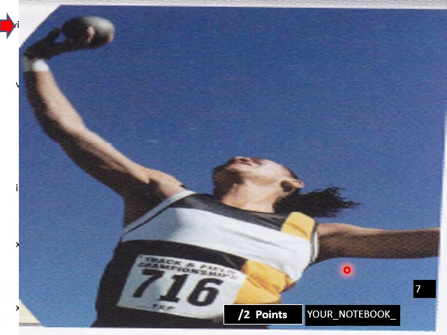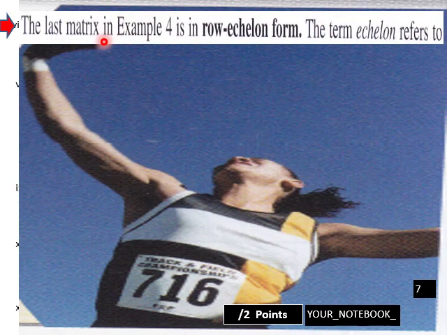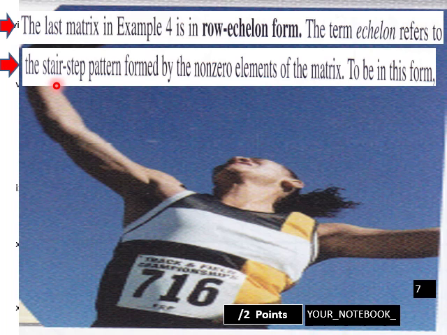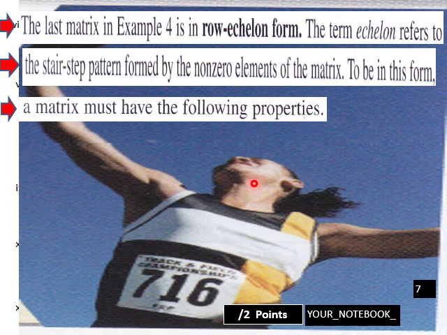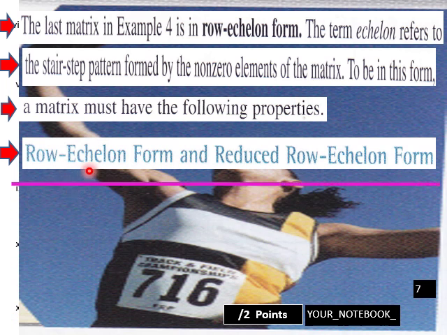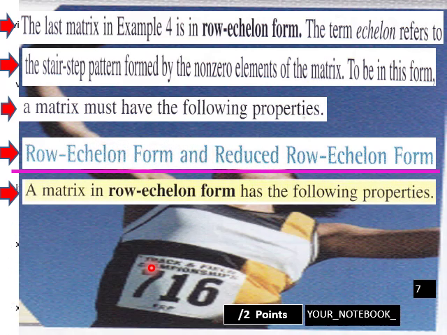Okay, moving on now into another notebook entry. The last matrix in example 4 is in row echelon form. The term echelon refers to the stair-step pattern formed by the non-zero elements of the matrix. To be in this form, a matrix must have the following properties. So row echelon form and reduced row echelon form. So we have two different kinds of echelon forms here.